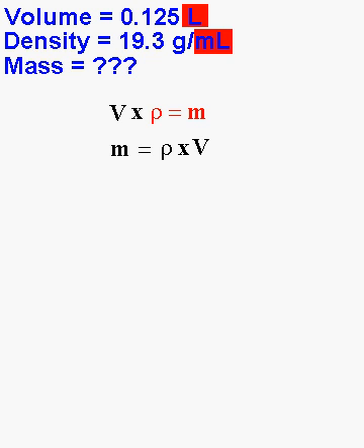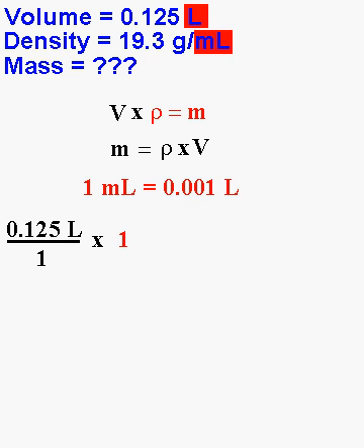It'll be easiest to convert the unit on volume, so that's what I'll do. I'll take liters and convert it to milliliters. I know the relationship between milliliters and liters. 1 milliliter is 0.001 liters. So now I can just do a standard conversion. I take my volume, 0.125 liters, I put it over 1 to make it a fraction, and then I multiply by 1.